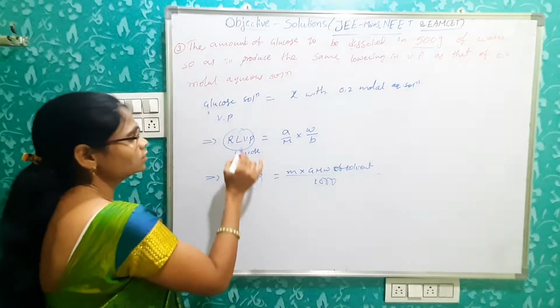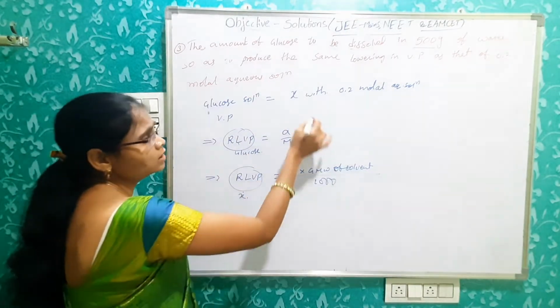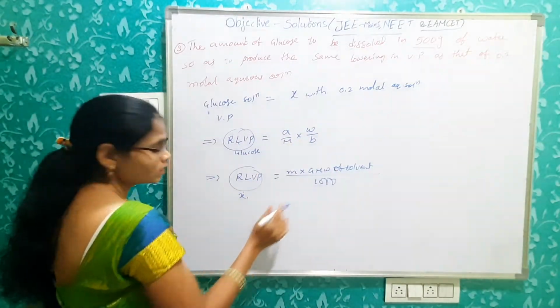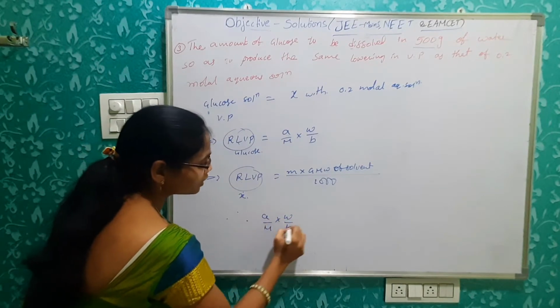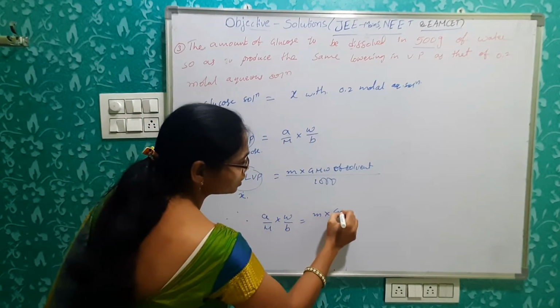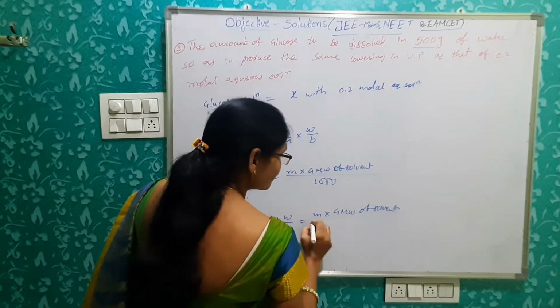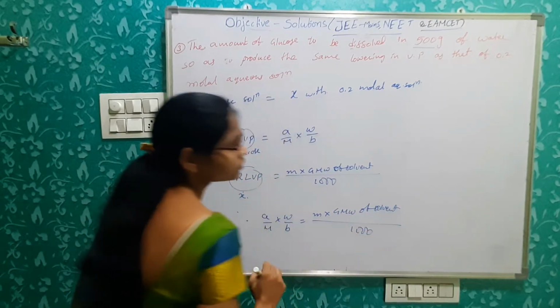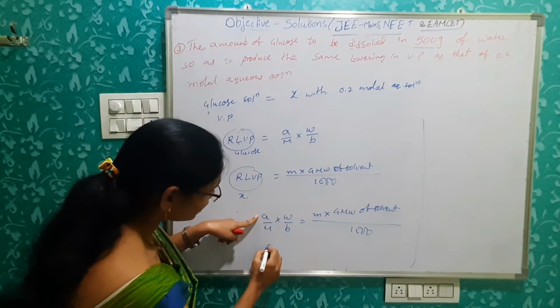Both X solution and glucose solution have the same RLVPs. Therefore A by M into W by B is equal to m into gram molecular weight of solvent by 1000. Now A, the weight of glucose, we have to calculate.